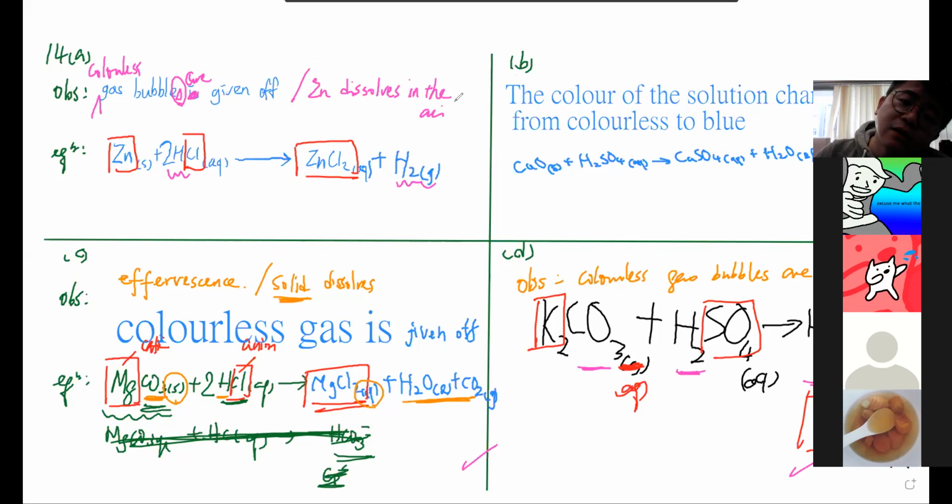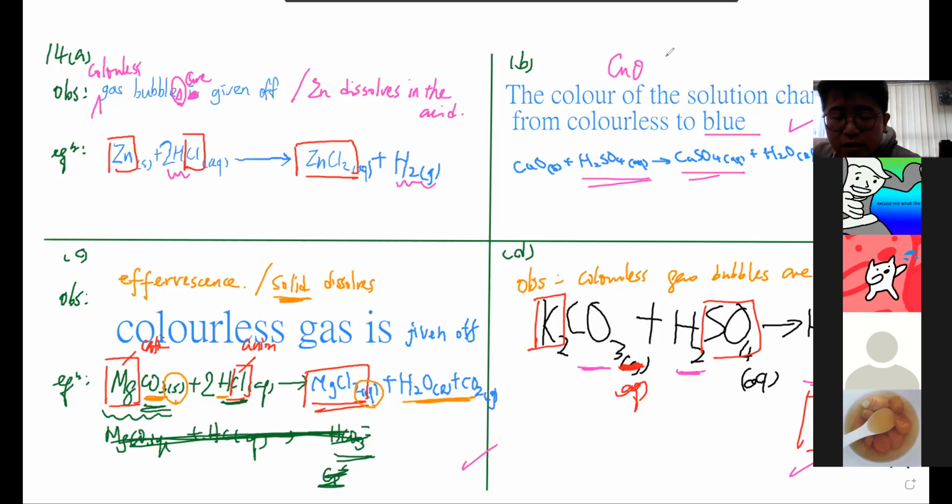How about B part? For the B part, you may find it as a solid. Copper 2 oxide is added to dilute sulfuric acid. So the color of the solution changes from colorless to blue. Why? Because originally the acid is colorless, and the product we have got is copper 2 ion, which makes the solution blue. So this is possible.